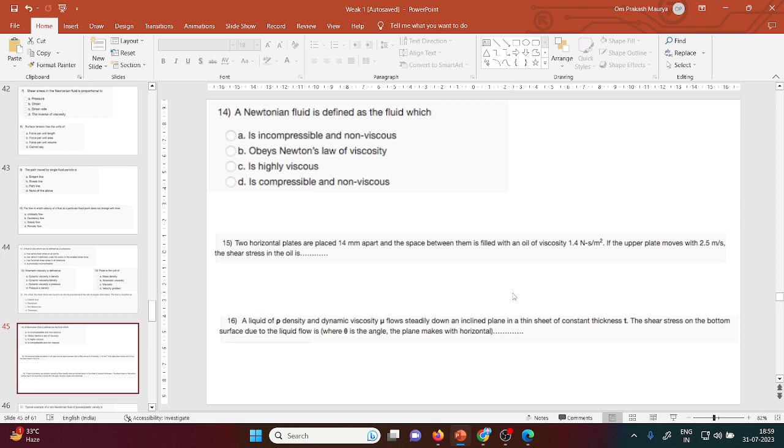Generally we consider a linear distribution of velocity between two thin plates. Based on that concept you can solve these questions, and you can expect such questions in your assignments and also in other exams. I have seen this type of question a lot in examinations.